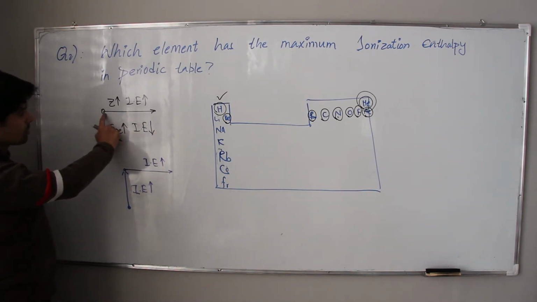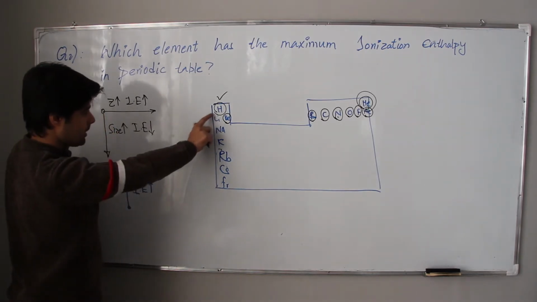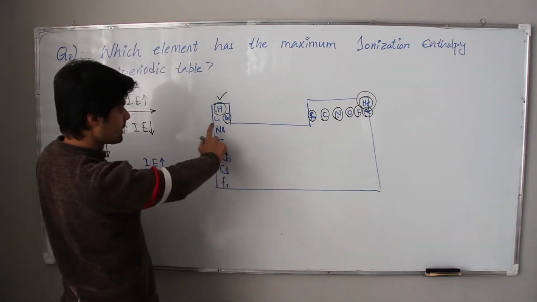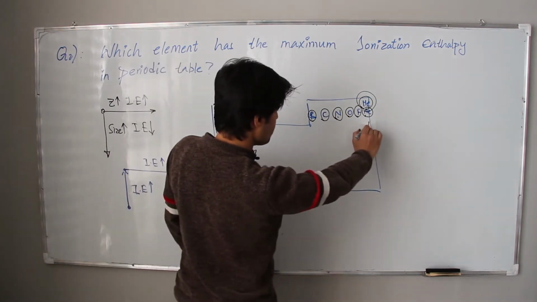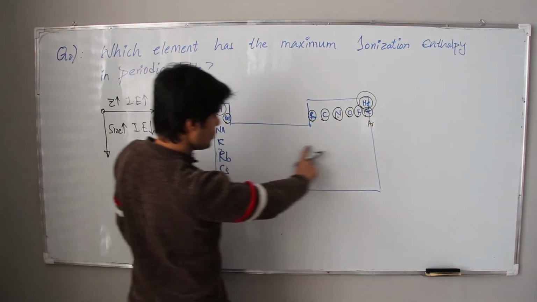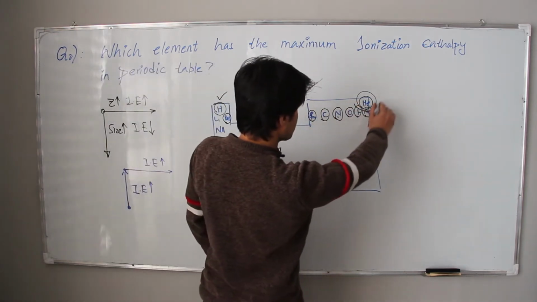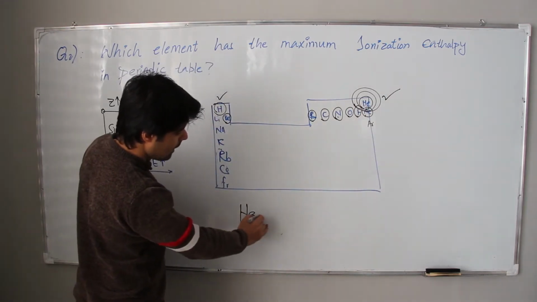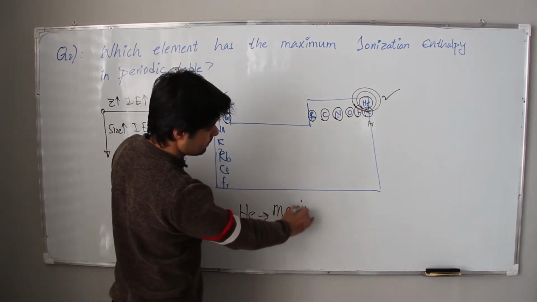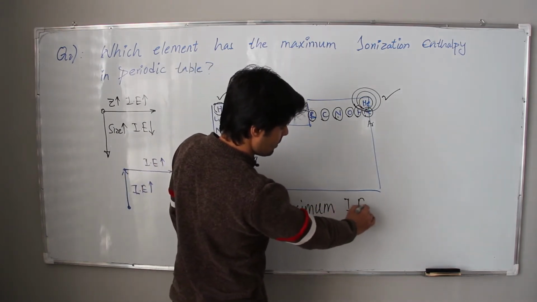In this period, neon. In this period, maybe argon. In this period, maybe xenon. In this period, hydrogen. Helium. It means helium has the maximum ionization enthalpy.